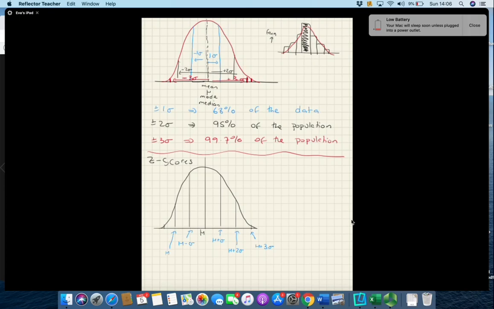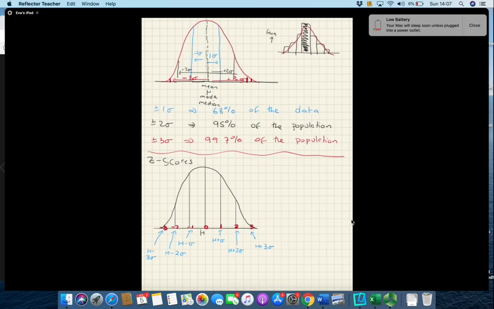This one is mu minus 2 standard deviations, and this one here is mu minus 3 standard deviations. Okay, so rather than write all that in, we tend to say mu is the value 0, up 1 standard deviation is 1, this point here is 2, and this point here is 3, this is minus 1, this is minus 2, this is minus 3.